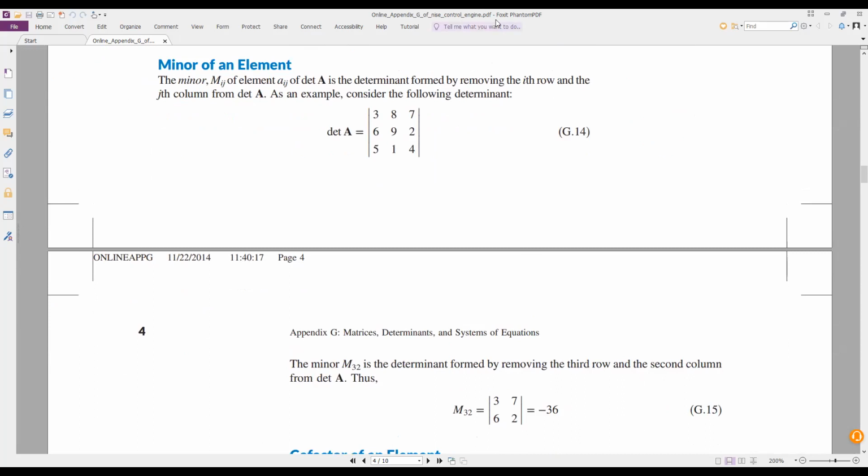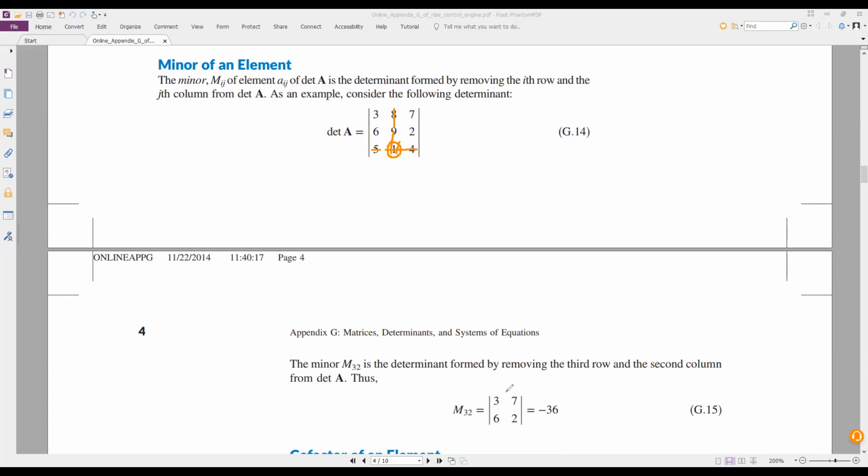M32 means what? This one. So what would you do? You would remove this row and this column.